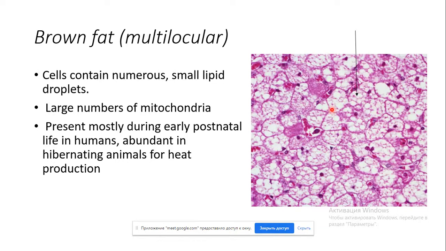So what's the difference? Here we have small droplets of fat, and between these droplets we can find a lot of mitochondria. That's why when we split these droplets into small pieces, it's easier to digest them. It's easier to use them for synthesis of ATP. The function of this brown fat is synthesis of ATP and energy, especially heat production is their main function.